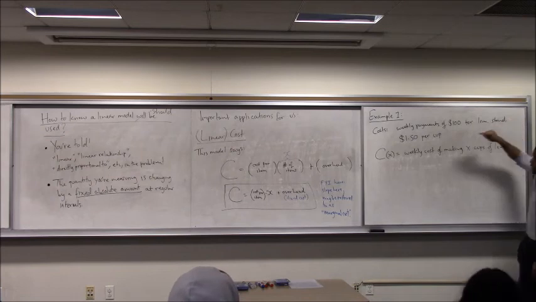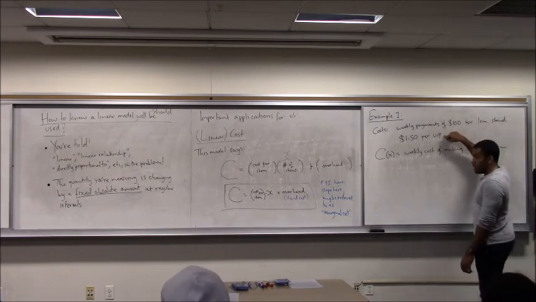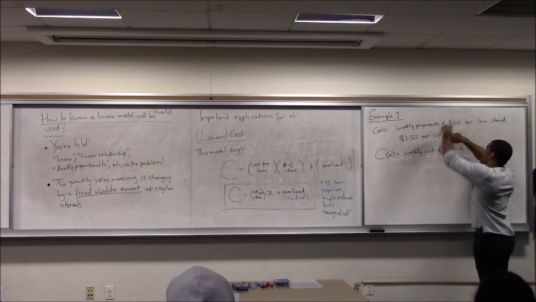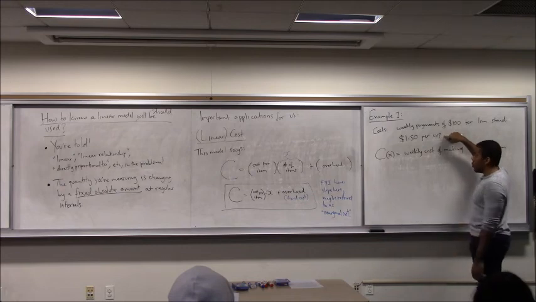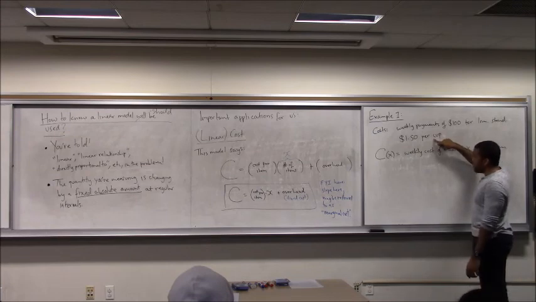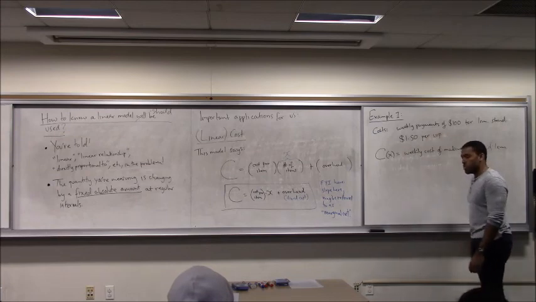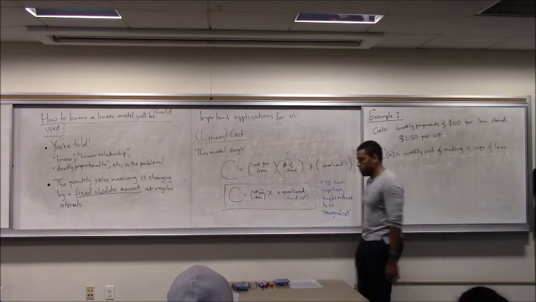There's another cost that is now associated with the business. I'm paying these $100 every week no matter what, but for each cup, it's costing me $1.50 to actually make that cup. So the items I'm making are cups of lemonade, and it's costing me $1.50 for each cup.